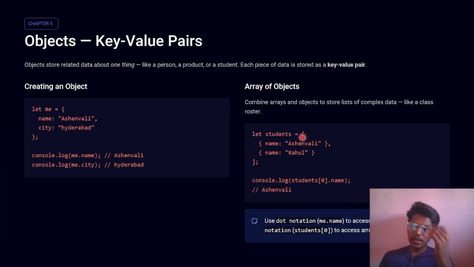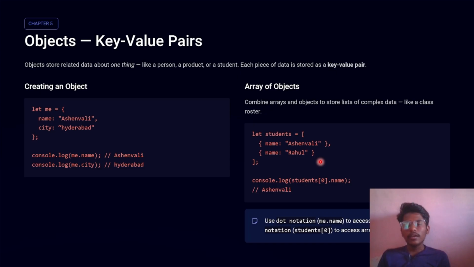Then in the array there are objects, like name Ashenvali and name Rahul. Here you can see both variables are the same word, name and name. When we are using objects, we should use different names for the variables, because we should use the same variable name to call the output.